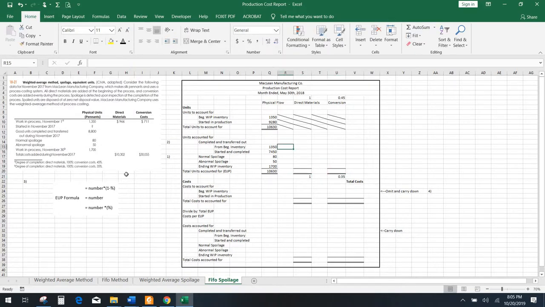Okay, so now to calculate the EUP, we follow this formula right here. For the top line, we use the top formula and the top number. So that equals the top number multiplied by 1 minus the top percentage.